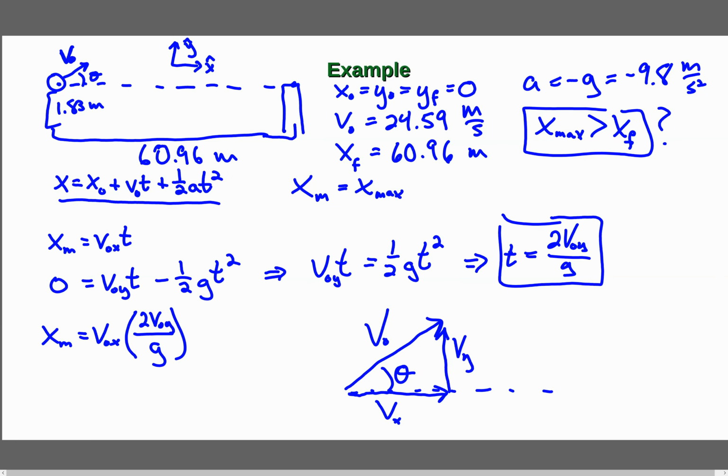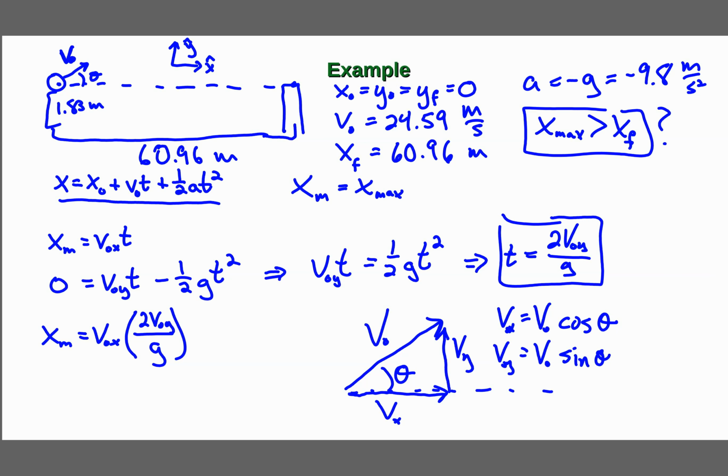If we use our trigonometry that we practiced in the math prep homework, we'll know that v naught x equals v naught cosine theta, because vx is next to this angle, right? And v naught y equals v naught sine theta, okay? Just by using our trigonometry.